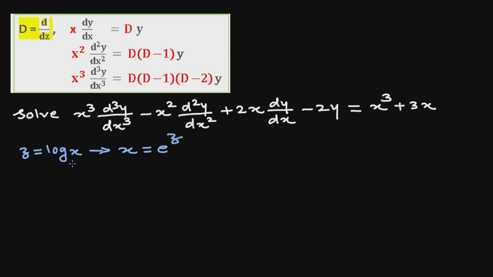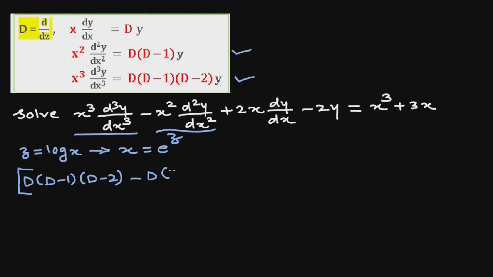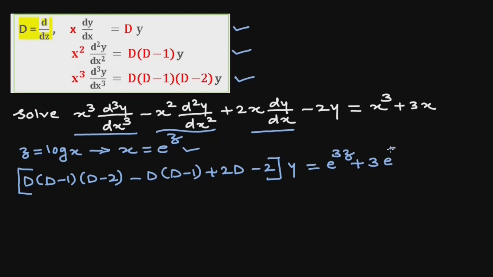This substitution allows us to use for x cube d cube y upon dx cube, D into (D minus 1) into (D minus 2), minus for x square d2y upon dx square, D into (D minus 1), plus 2 for x dy by dx, D, minus 2y equals x cube, which will be e raised to 3z, plus 3x, which will be 3 e raised to z.